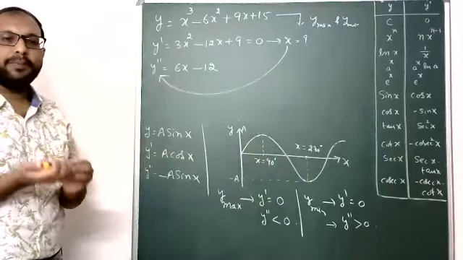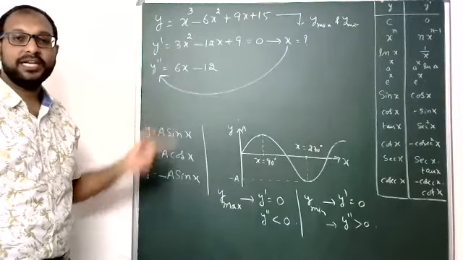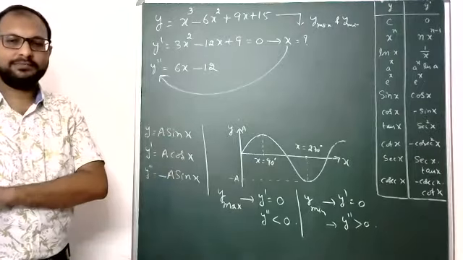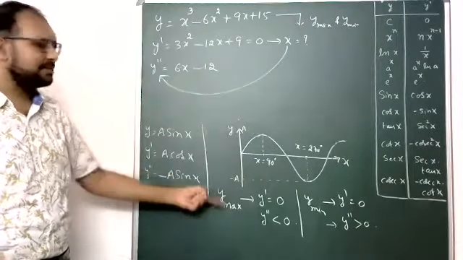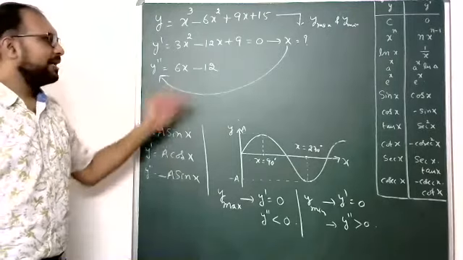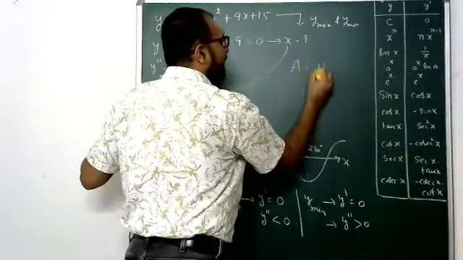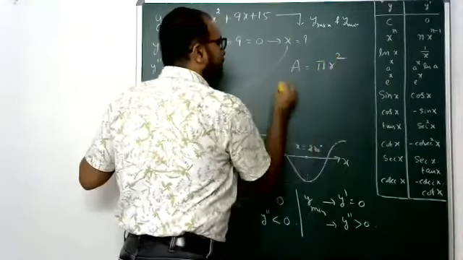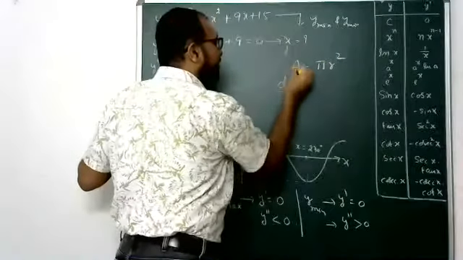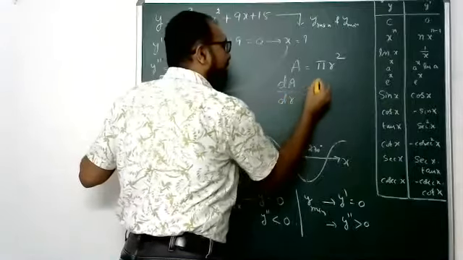So this is the main application of our first differentiation and second differentiation related to physics. Many problems are there on this. Today I will do some problems. Next, suppose the area of a circle is pi r square. What is the derivative of area with respect to r?